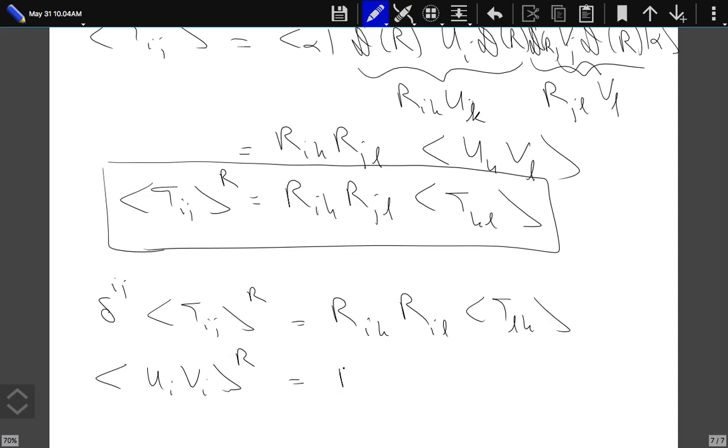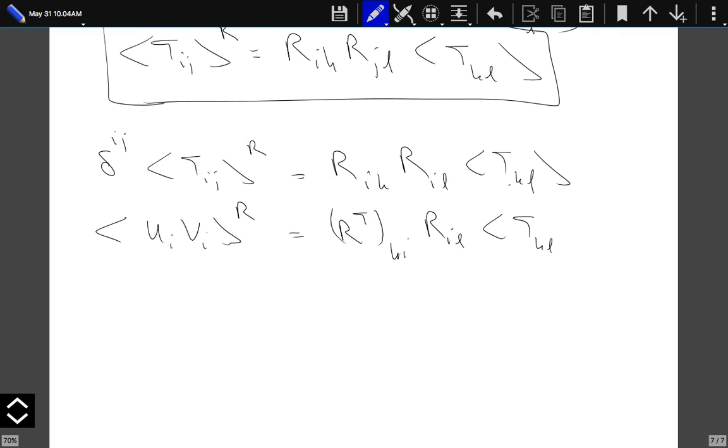This is equal to R transpose, the ki element, times Ril Tkl. The left-hand side is nothing but the scalar product of these two operators, U dot V. I have these two vector operators, I take their scalar product and rotate.